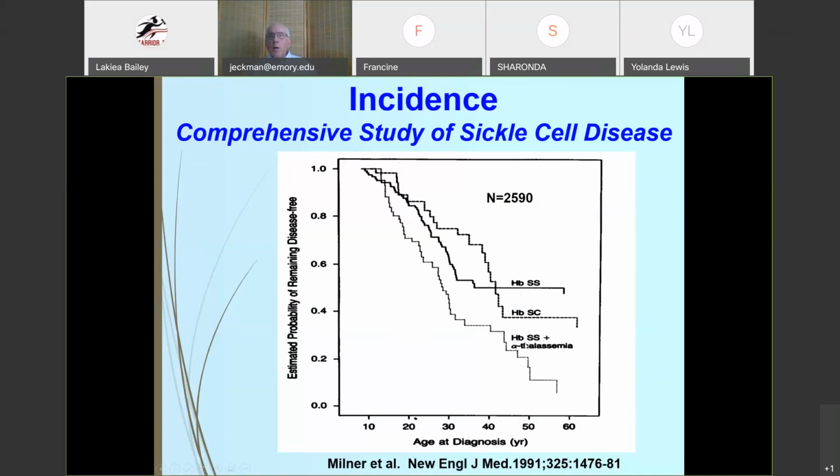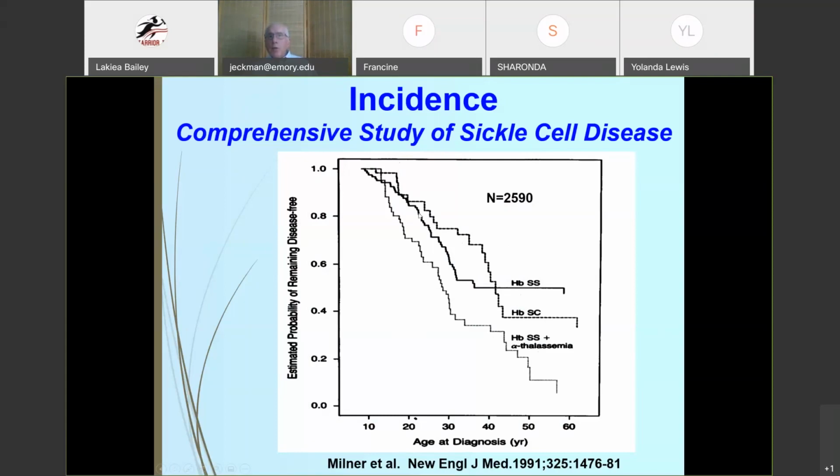Well, the hemoglobin level is actually higher in alpha thalassemia with sickle cell, and so the blood is thicker and it doesn't flow as well. So avascular necrosis is one of the complications that occurs more frequently in individuals with higher hemoglobins than lower hemoglobin levels. So it's the opposite of many of the other complications.